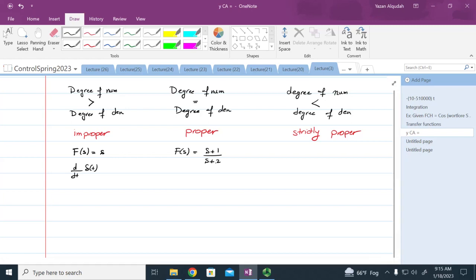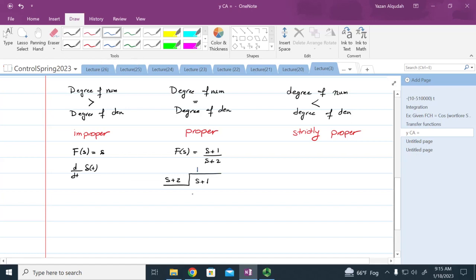Now when I have the degree of the numerator equal to the degree of the denominator, I can divide them. How do we divide these polynomials? s plus 1 divided by s plus 2. s divided by s is equal to what? A 1.